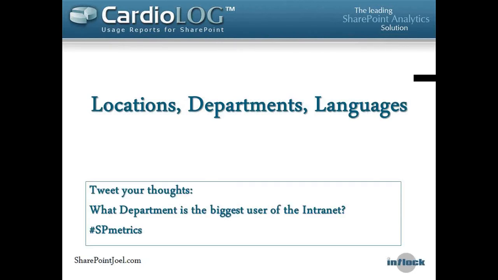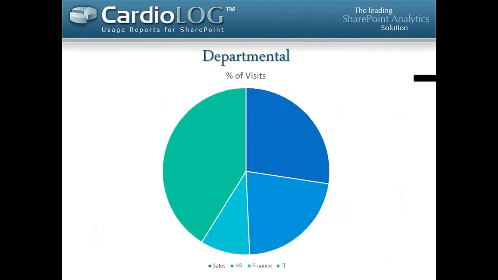Now, ultimately, when you start digging in on metrics, there's some other things you can find in terms of where is the user coming from, what domain are they on. If you start gathering some stuff out of Active Directory or out of your PeopleSoft databases, Siebel, SAP, wherever the data is, you can start unlocking all sorts of interesting scenarios, such as understanding how departments are using your intranet and your various sites.